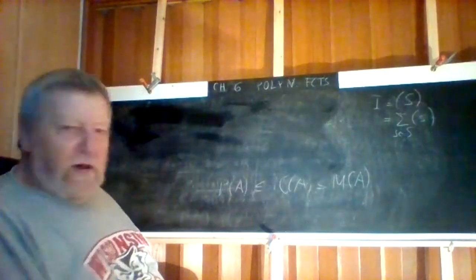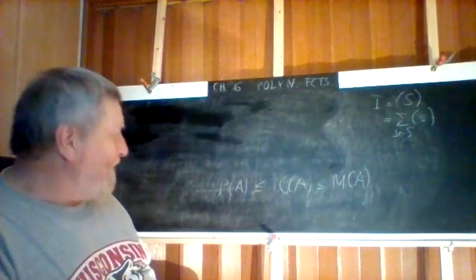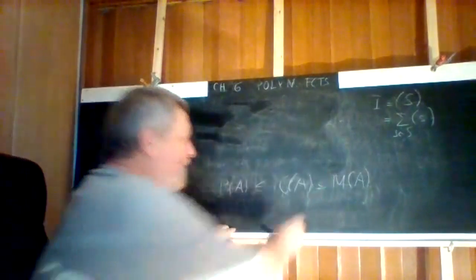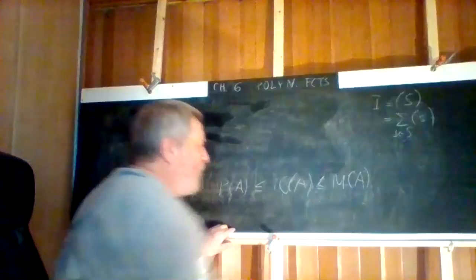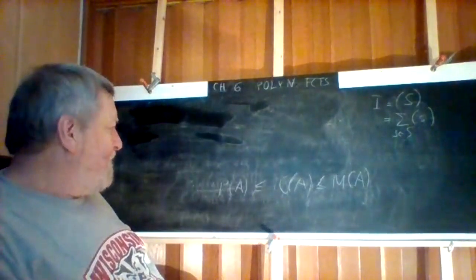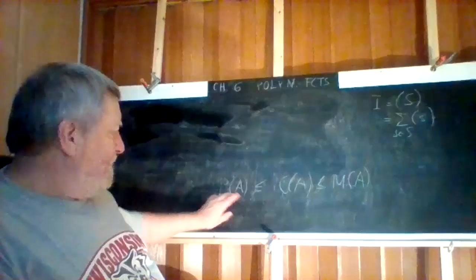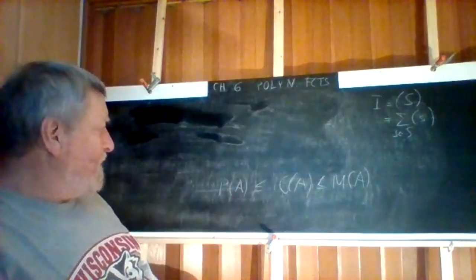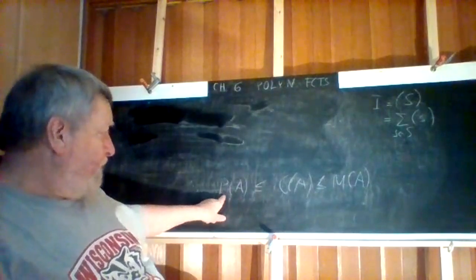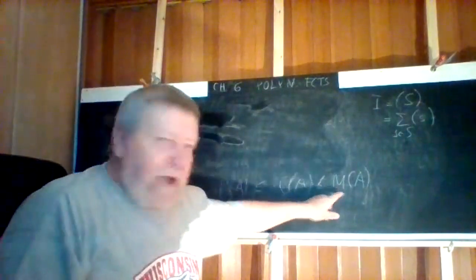So now a typical question of a mathematician would be, if we have this chain, when do we get equality here? If we start from the nearing of polynomial functions here, we might ask, when is P of A already M of A?